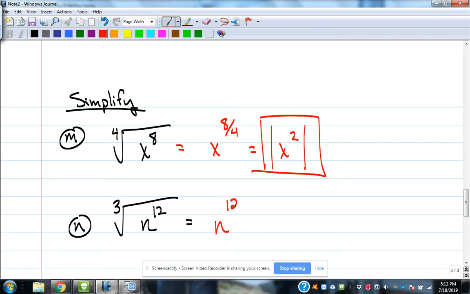The index is 3, so that becomes the denominator. Whatever exponent is here is the numerator. And then we simplify if possible. 12 divided by 3 goes evenly. n to the fourth power. We don't have to put absolute value marks on that because it was an odd index. So you won't see absolute value marks on that because it's an odd index.